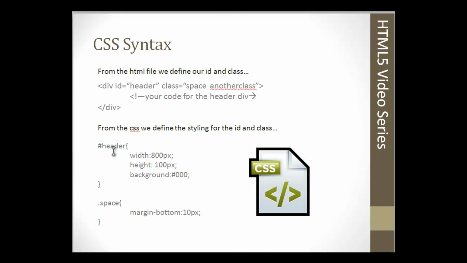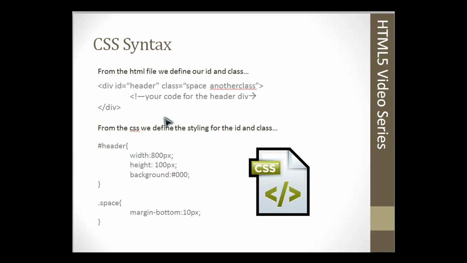So inside the header, we gave it the styling of width of 800 pixels. So whatever's in here is going to be 800 pixels long, at height of 100 pixels, so it'll be 100 pixels high, and then the background of black, this is the hexadecimal for black, and that means that everything within these tags is going to have a background color of black.